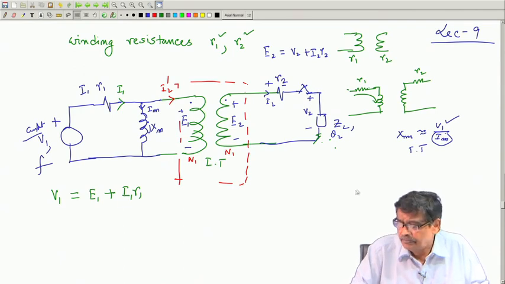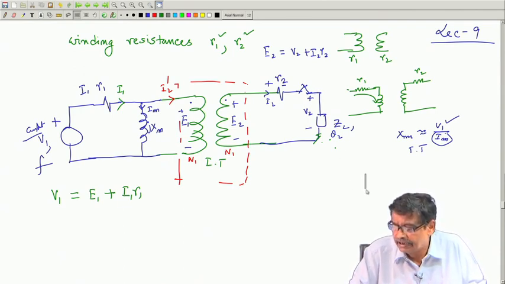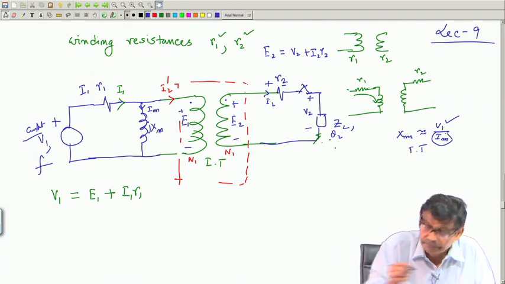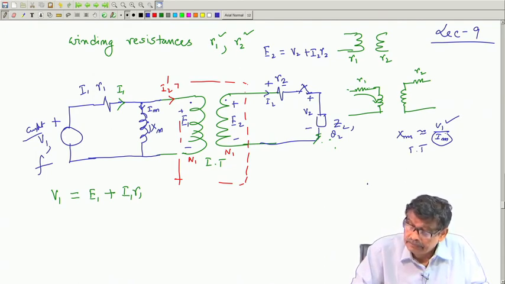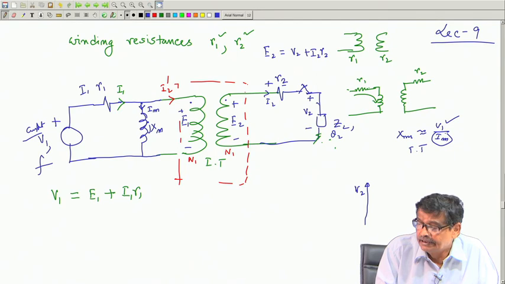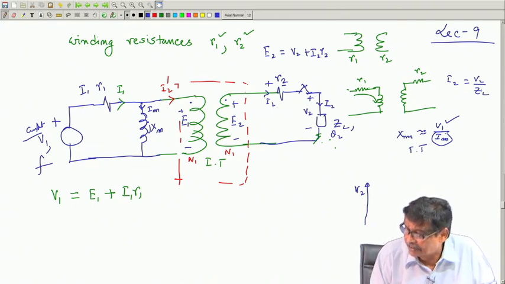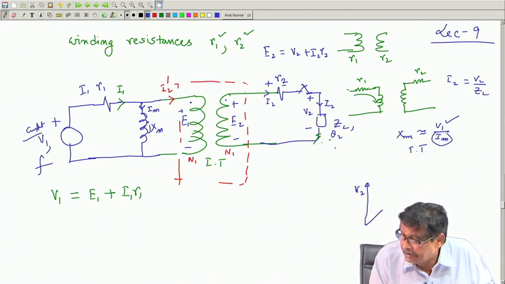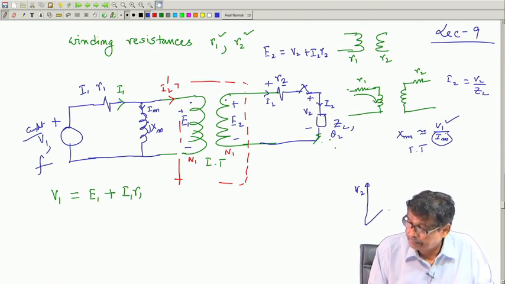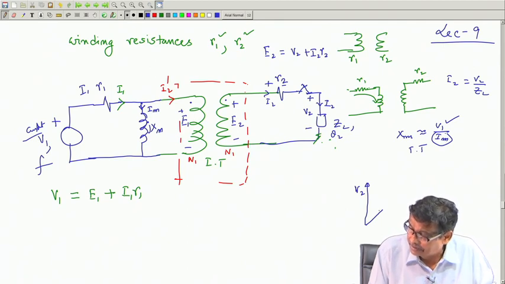You start with V2, the voltage applied across the load is V2. Then no one can contest me, the current I2 is V2 by Z2, and suppose it is a lagging power factor load, I2 will lag here. I2 will be higher, na? I assumed the low voltage side while drawing. So, I2.